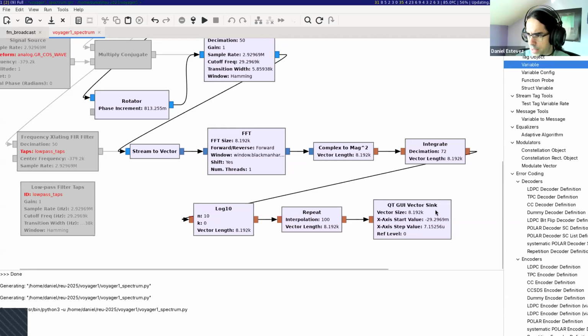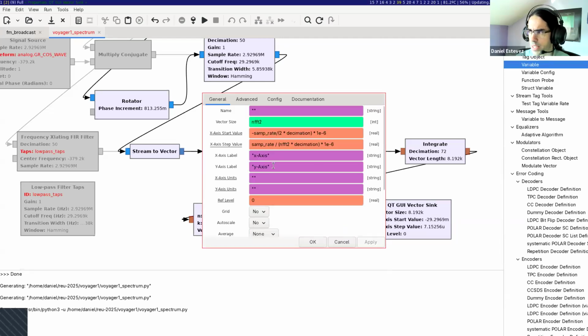What else is different? Maybe I should also explain how to get correct frequency measurements on the x-axis. So we need to set the starting value. In this case, it's minus the sample rate divided by 2 and divided by the decimation.